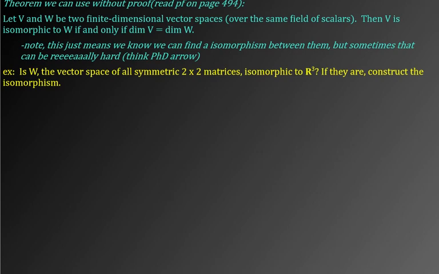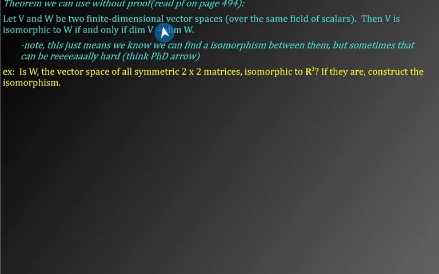So another theorem that I think you should read the proof of, that I'm not going to get into in this video, is how we can know whether or not two spaces are isomorphic. It turns out if V and W are two finite dimensional vector spaces, over the same field of scalars too, that's important, then V is isomorphic to W if and only if their dimensions align.